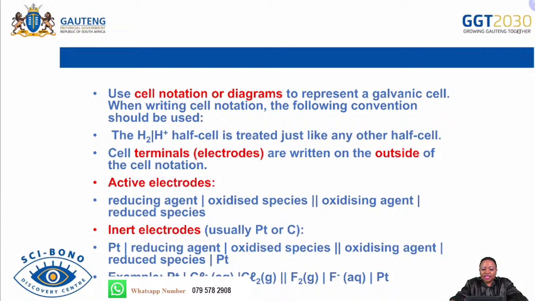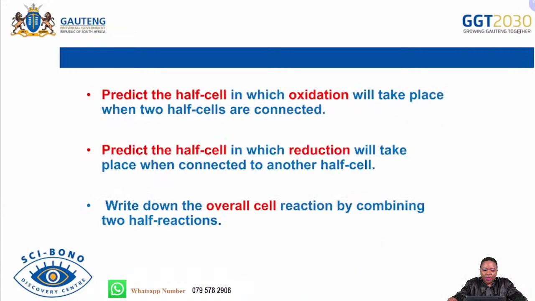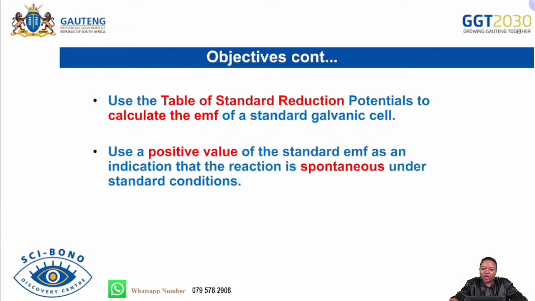We'll also use the cell notation or diagram to represent a galvanic cell, and how we write our cell notation. And we are going to explain what we mean by inert electrodes, and then predict the half cell where oxidation and reduction will occur, and also be able to write an overall reaction, using the standard reduction potential table to calculate the EMF.